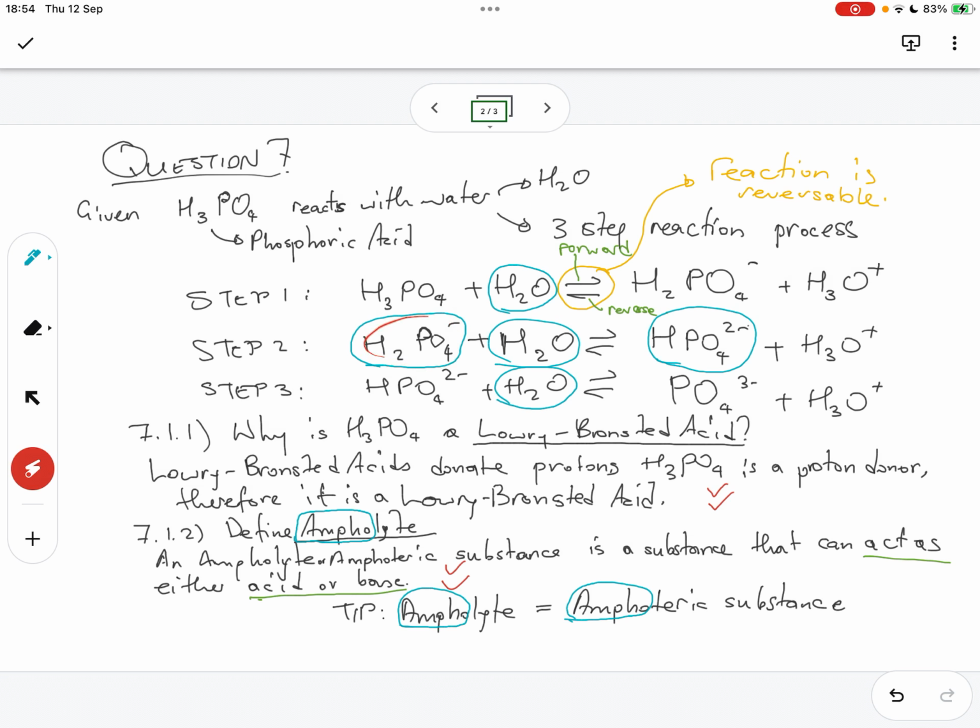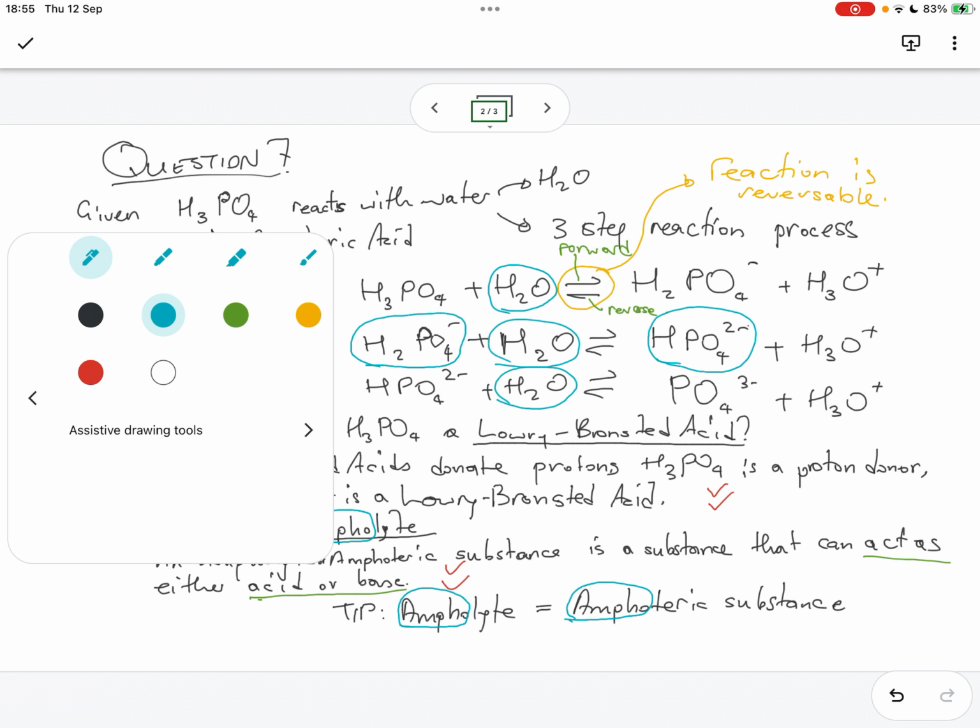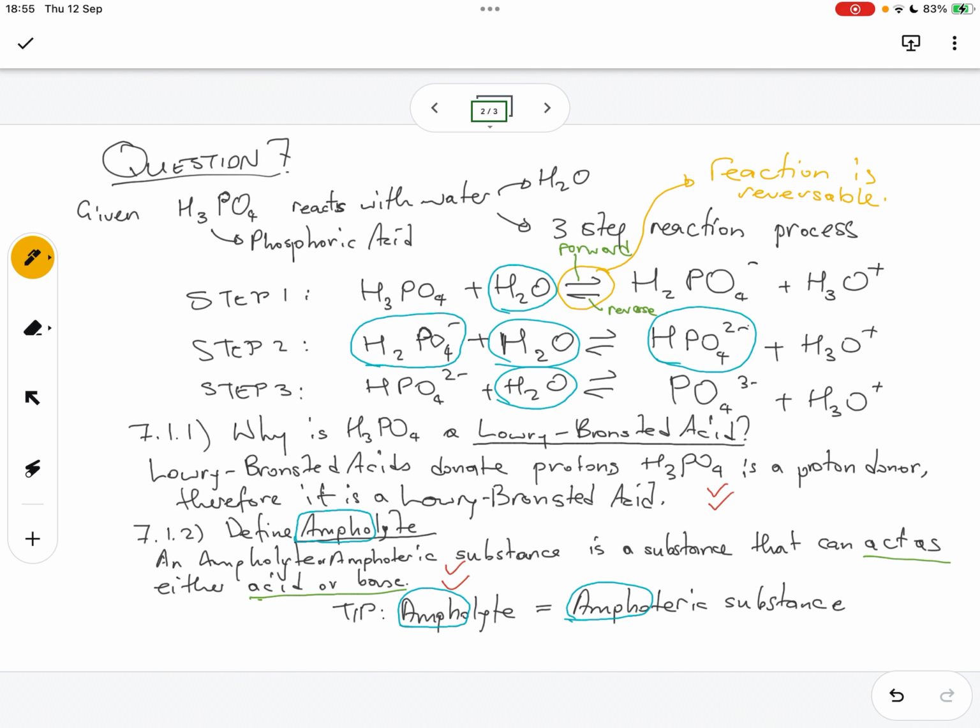But in this case, how do I explain it without confusion? Okay, so let's do this. If we're looking at that direction, this would be acid, this would be base.